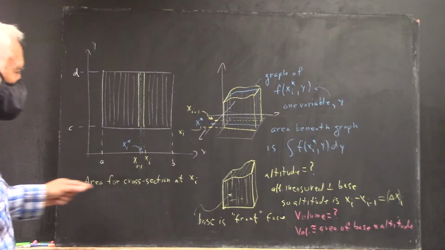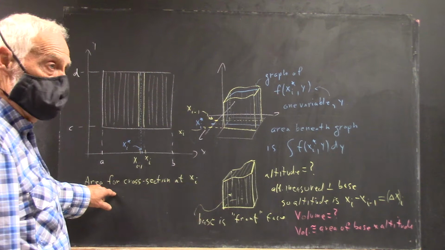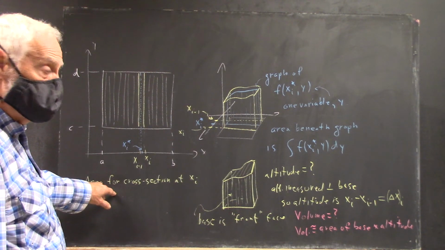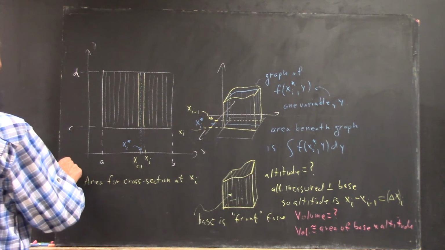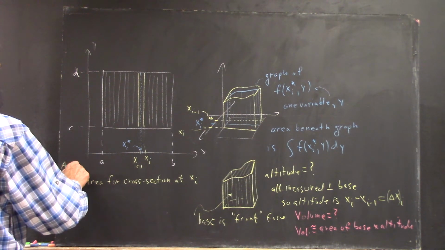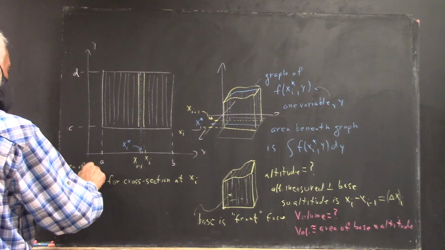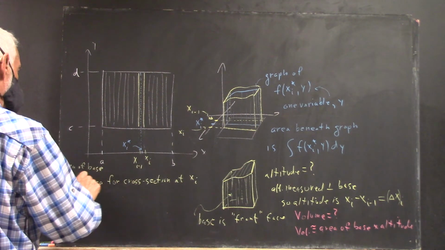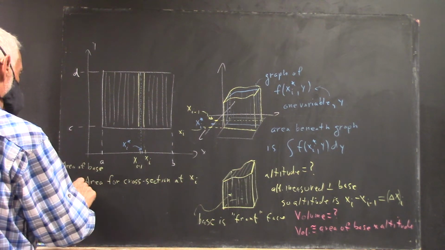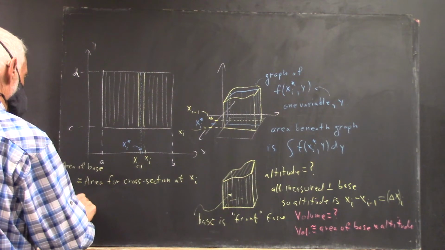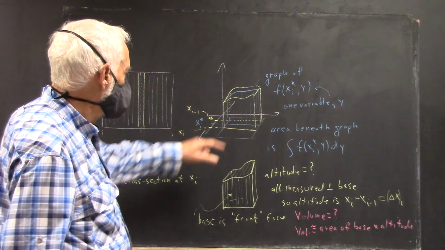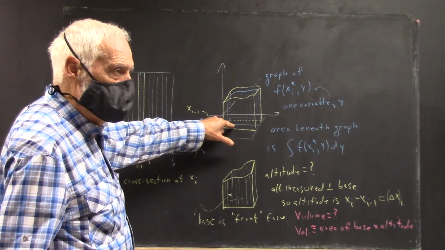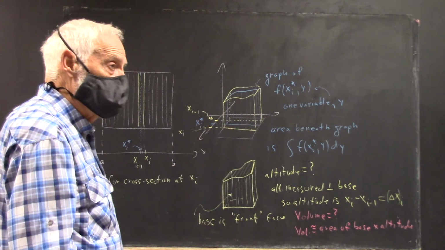The area for the cross section at x sub i, which is the base, right? So I guess that's not going to be too far from the area of the cross section at x sub i star.